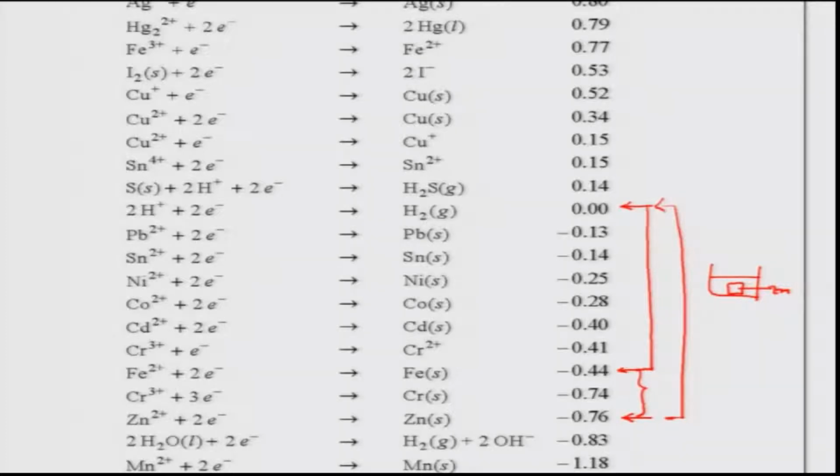So, if we have a couple between iron and zinc, iron has a higher reduction potential as compared to zinc. So, the possibility would be that iron would deposit or stay back and zinc would dissolve.